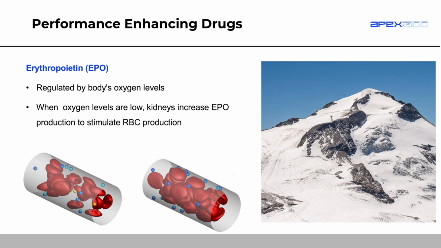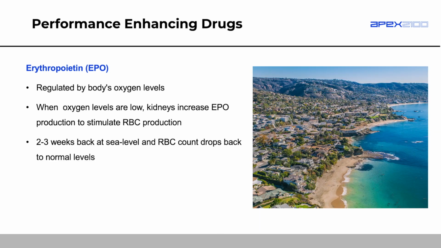Therefore, I'm going to end up with very thick, dense blood that has a lot of cells in it. However, with only 2 to 3 weeks back at sea level, the red blood cell count can drop back to its normal levels. So it's not a lasting effect being at altitude.